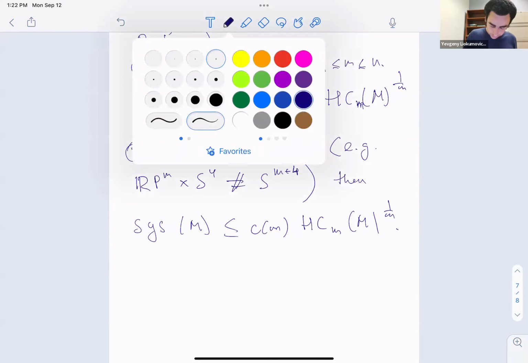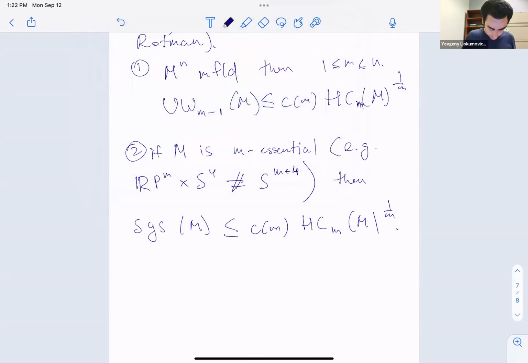For a manifold like a 2-torus cross S^2, previously we didn't have any control on the size of the systole in terms of some geometric information about this manifold. And now we control it in terms of the two-dimensional Hausdorff content of this manifold.